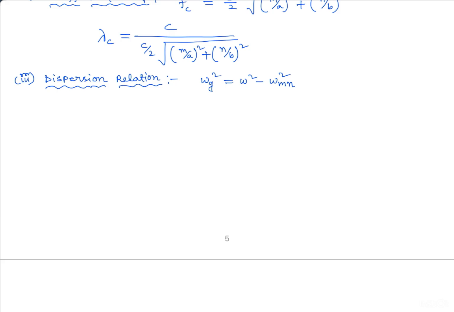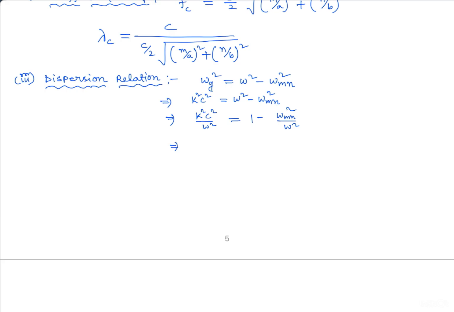So here we write omega g square equals k square c square equals omega square minus omega mn square. We write k square c square by omega square equal to 1 minus omega mn square by omega square.